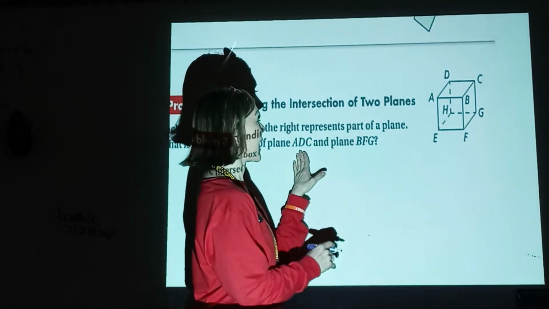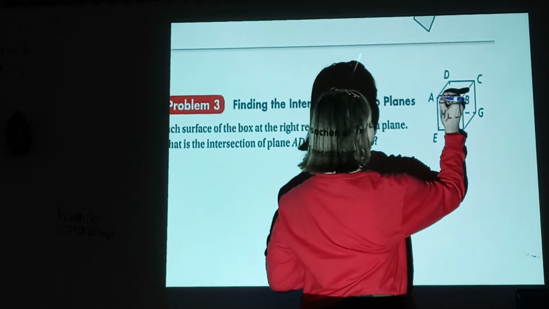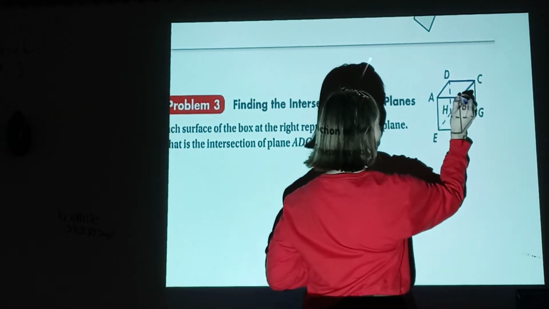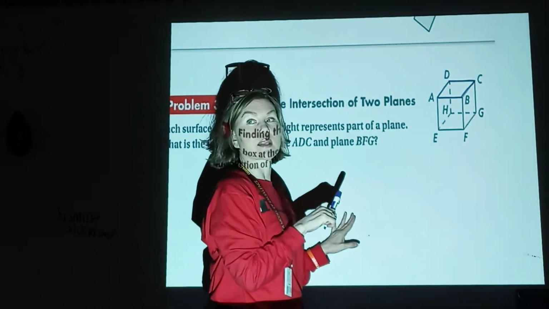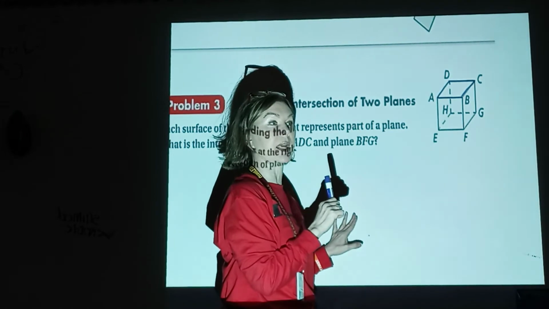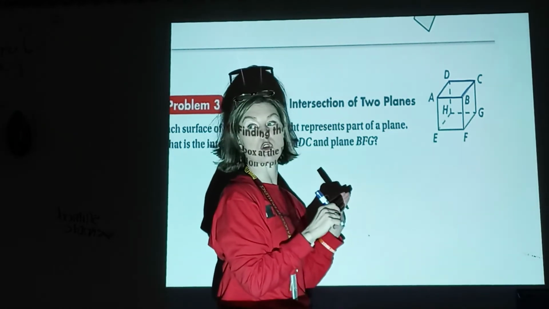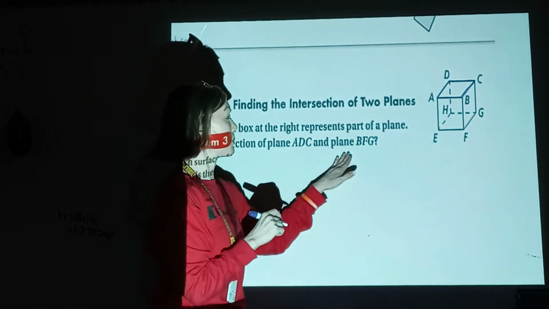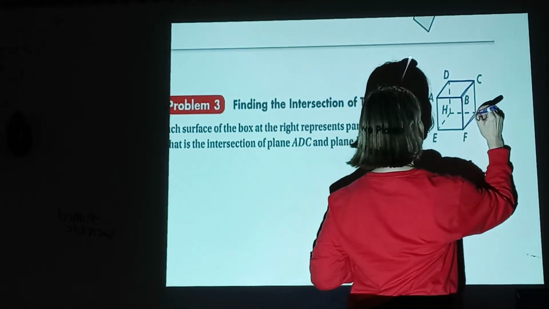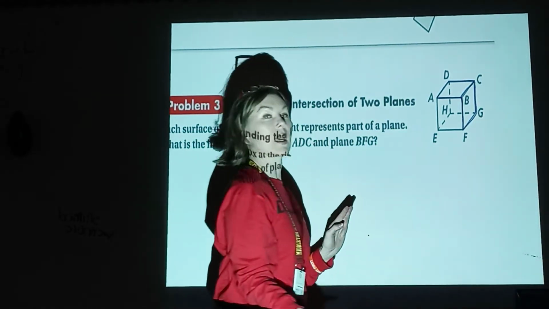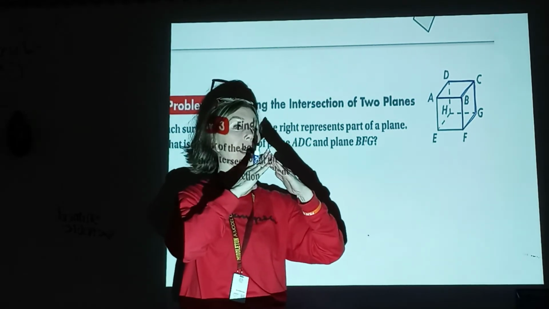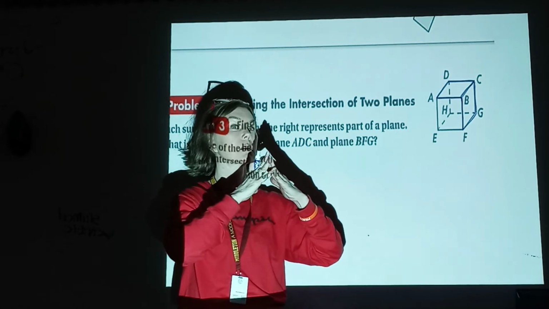So we have plane ADC. You're going to get something like this in your assignment, so you have to be able to see the plane. Does everyone see that plane? It's the top of the cube. And then plane BFG. Can anyone tell me where those two planes intersect?